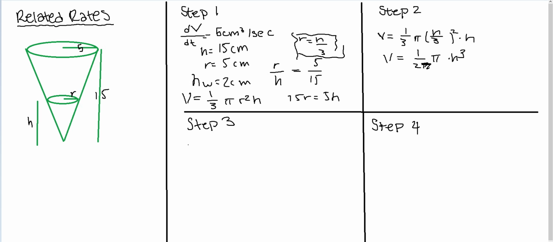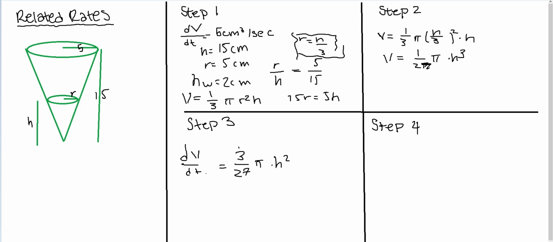So we're going to say dV/dt is equal to 3/27 pi times h squared.